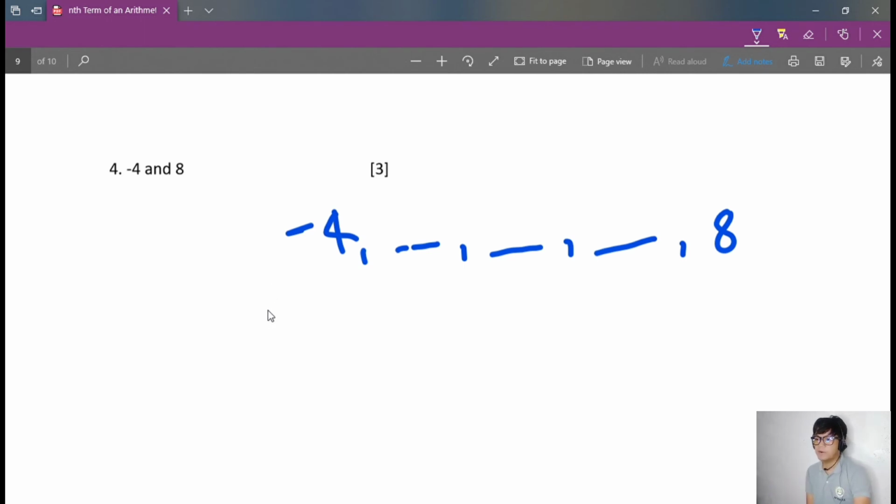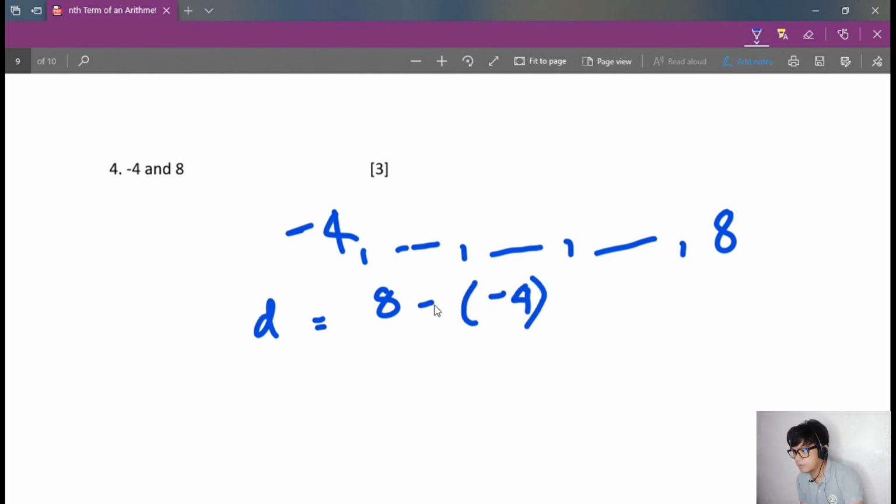The formula for the common difference is D equals A sub n, which is 8, minus the first term, negative 4. Don't forget to write the negative, because the 4 carries its sign. If you remove it, it becomes 8 minus 4, which is wrong. They are different. So negative 4 must carry its negative sign.